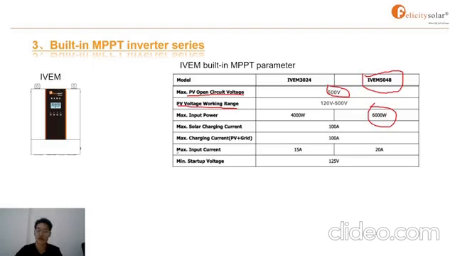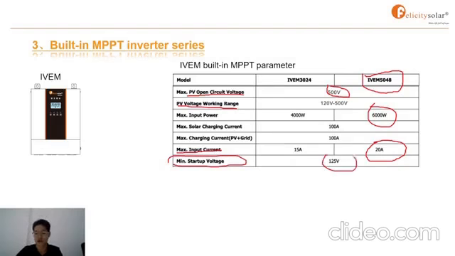And for the max input current, the current from the panels is 20 ampere, which means that if the ampere is more than 20, the PV will not work. This machine will give some error code. The last part is the minimum start voltage.